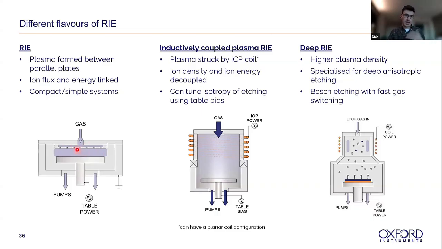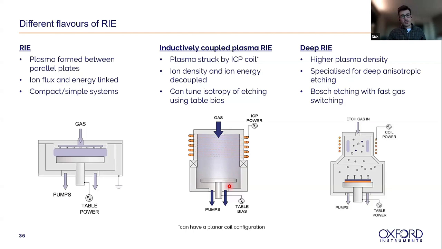In our configuration, the gases come through there as well. These are great systems because they're very compact and easy to use. One of the potential downsides is that your ion flux and energy are linked, so it gives you a little less process variability and ability to control the process, but they're very good at doing things like oxygen ashing of photoresist.